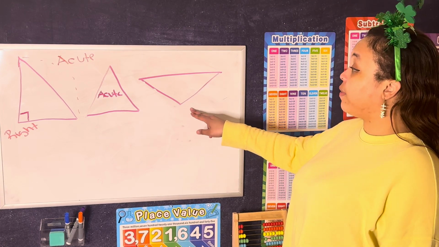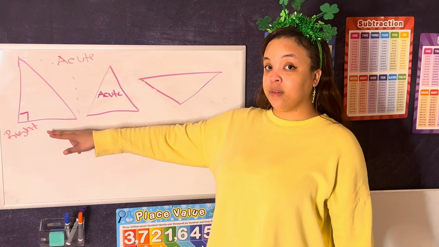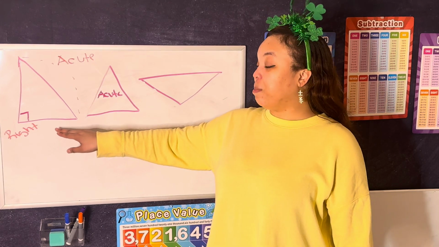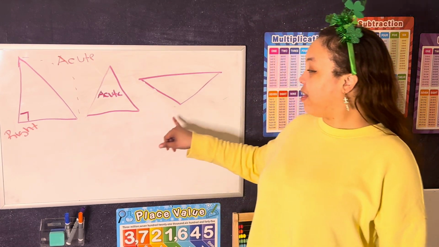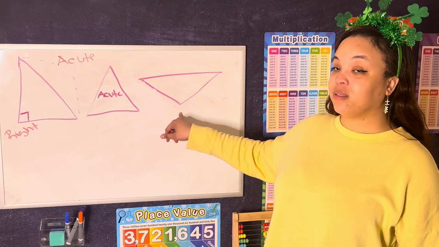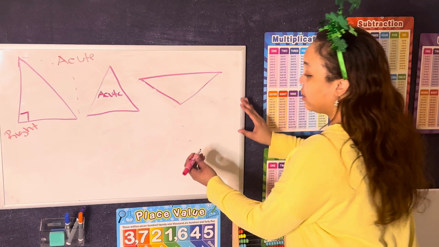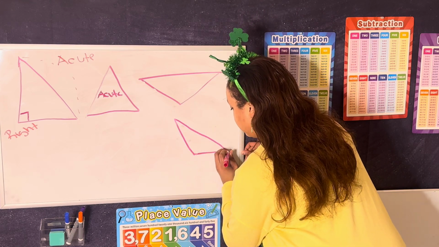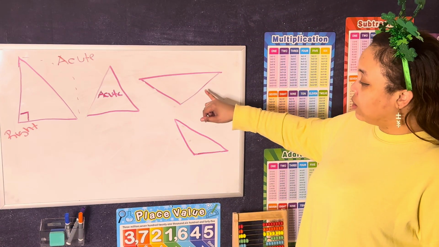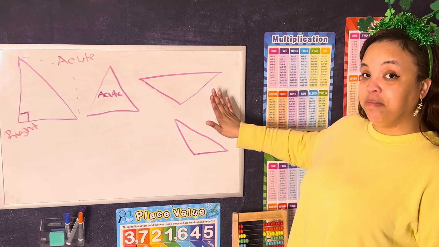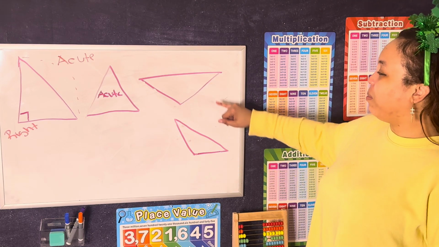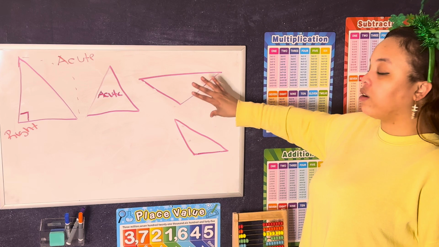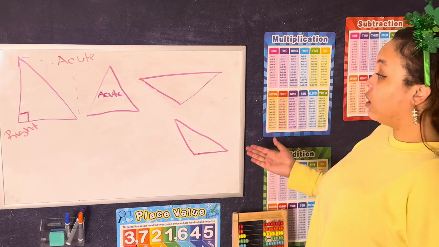It's almost a variation of this first triangle, but this isn't a right angle. Because if we turn it, I know it's not as neat, but these two triangles are the same, just flipped.